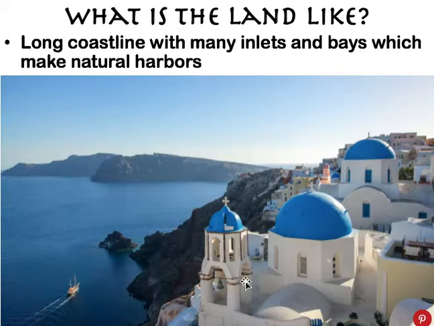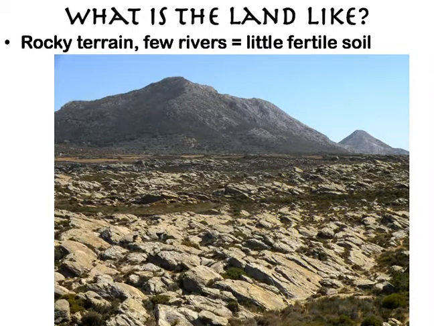So we're going to see a lot of Greek cities developed like this one here, right along the coast on natural inlets. However, if we go inland, because of all those rocky hills and mountains, it's pretty rocky. It's pretty difficult to farm. On top of it, we're not going to see many large river systems in Greece.